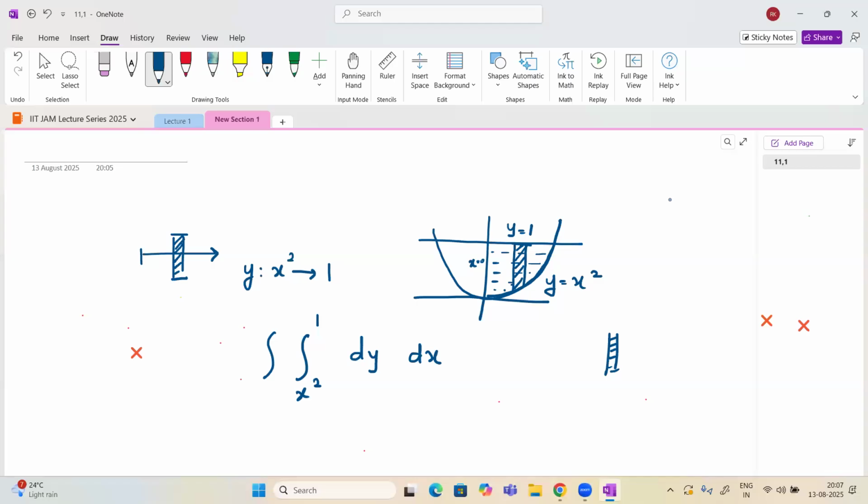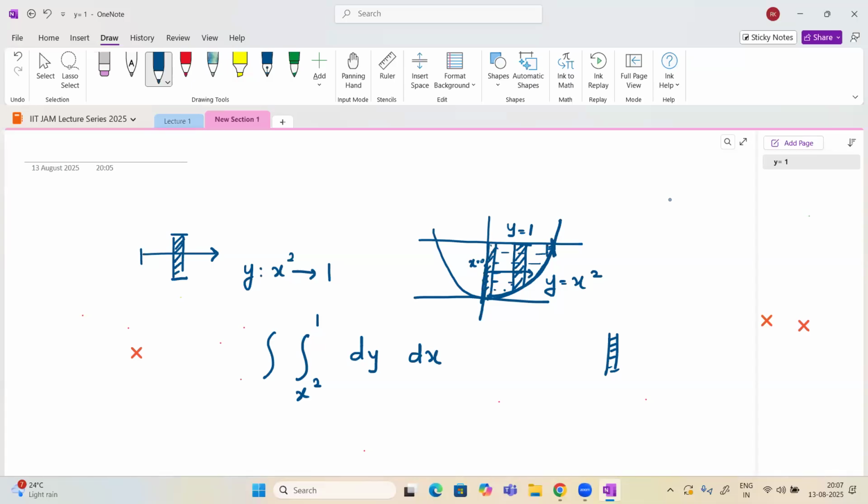Now, the next task is to move the strip from left to right. What is our target? We have to cover the entire region, right? Yes, sir. So left to right means the strip will be initially here, and we will move it horizontally, but the strip will be vertical, and it will reach up to this point.